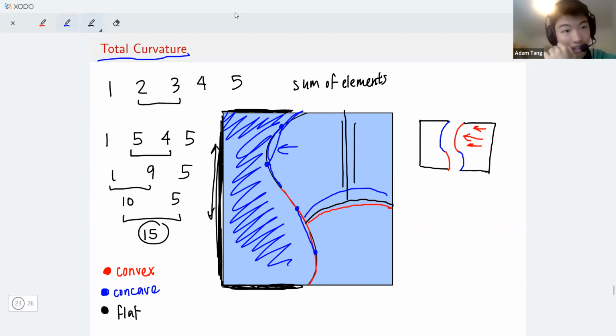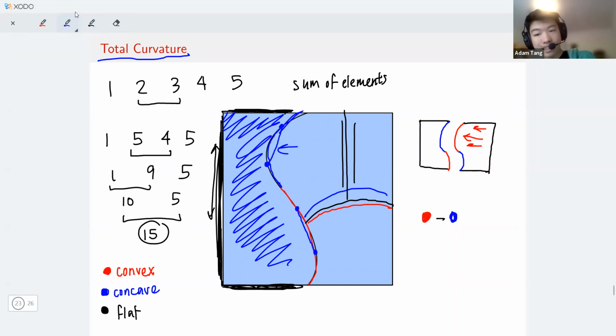So the invariant that I propose here is, actually, we can just ignore the black, because black contributes 0 to the total curvature. So I'm saying how out it is, so red, minus how in it is.